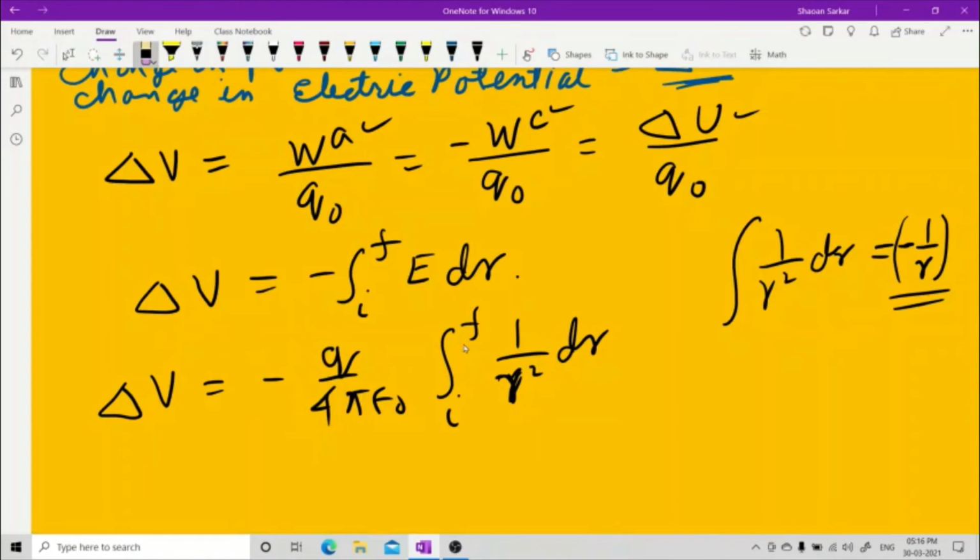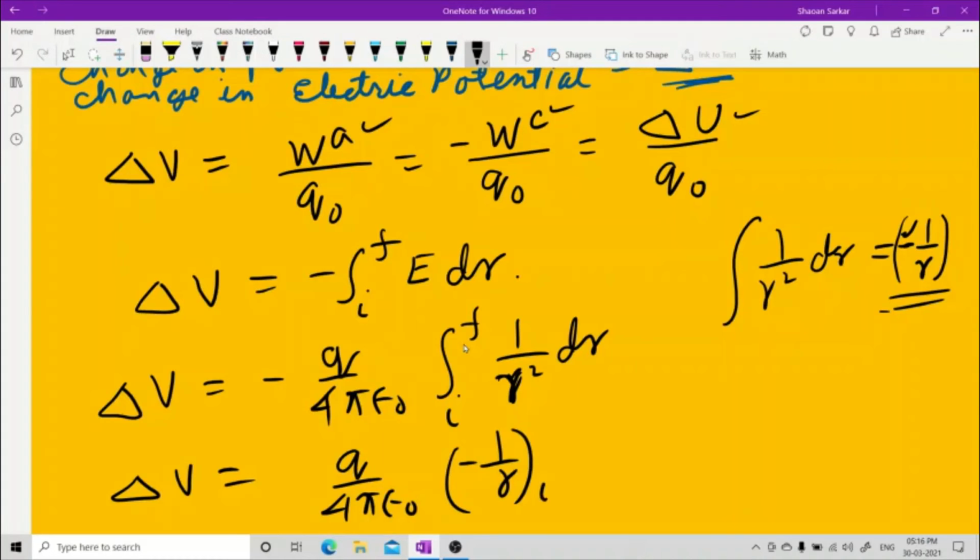Now if you see this delta V, after this integration it will give me Q by 4 pi epsilon naught, 1 upon R, initial to final.